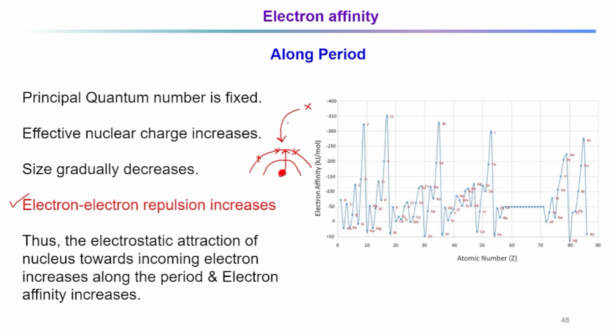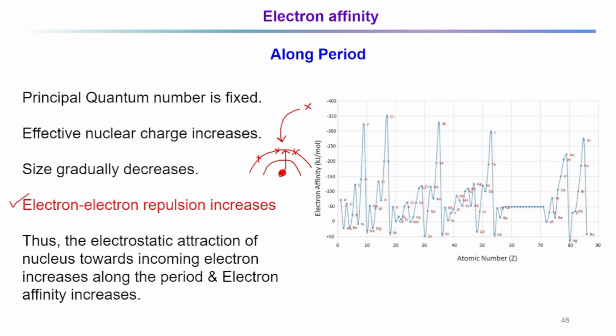If we put one more electron, it will easily come and the nucleus will attract it with more electrostatic interaction, so it will be a favorable process. As we increase the number of protons, the electrostatic attraction increases and electron affinity also increases. If we place an additional electron, it will easily come and sit in the valence shell. That's why along a period, the electron affinity increases.